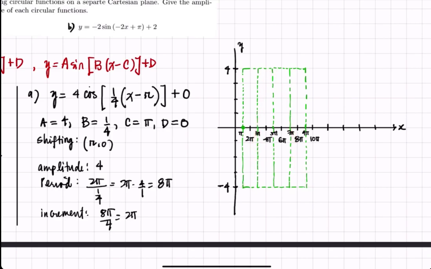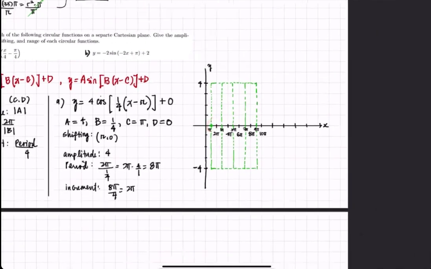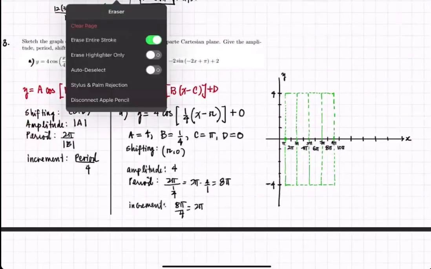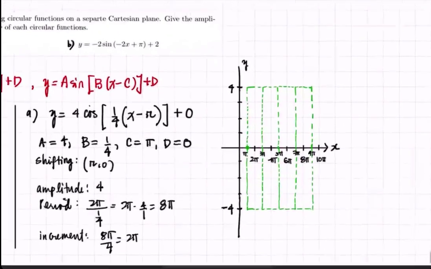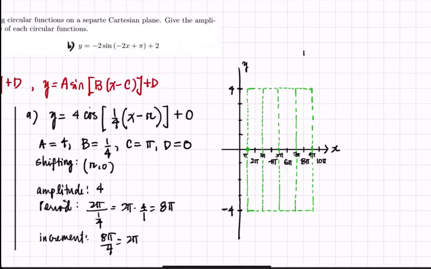Okay, so let us get the value of your function when x is equal to pi. Niliitan ko lang para cute yung drawing. Okay. So, if x is pi, what is your y? Saan na yan? Ito yun, no?